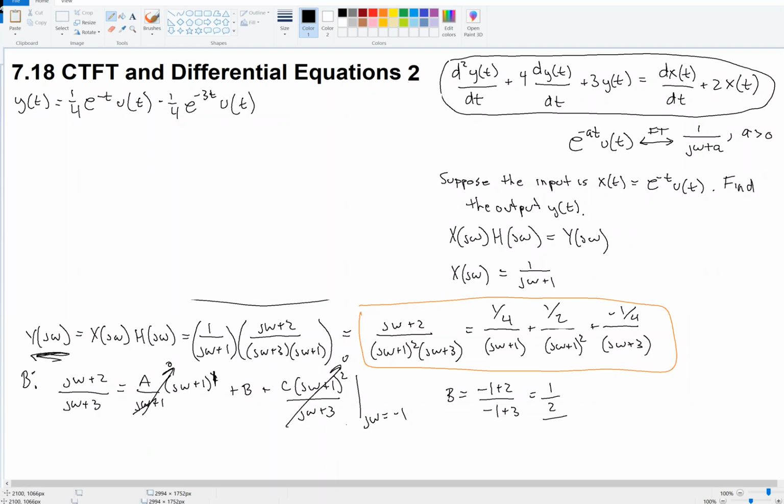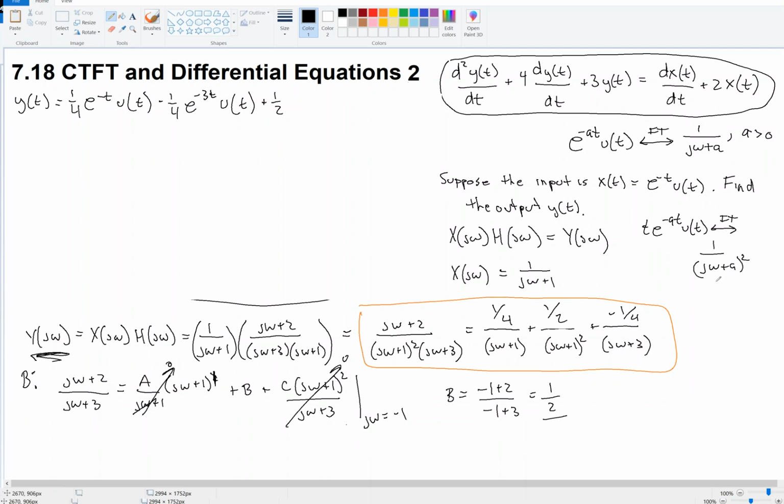And then the second term, I'll write it out here. We did this in an example video. We have to use a new transform pair because of the square. t e to the negative a t u of t has a Fourier transform 1 over j omega plus a squared. We did that.